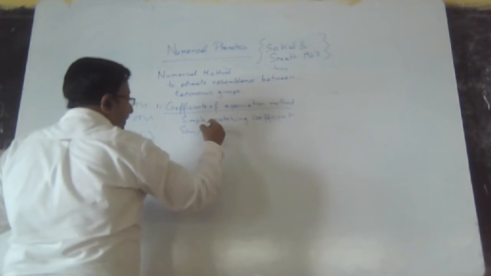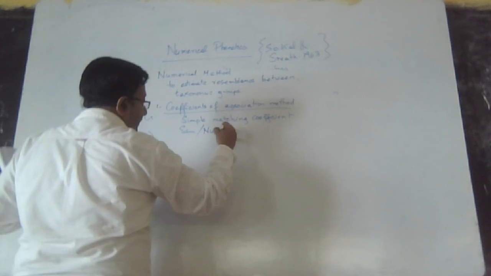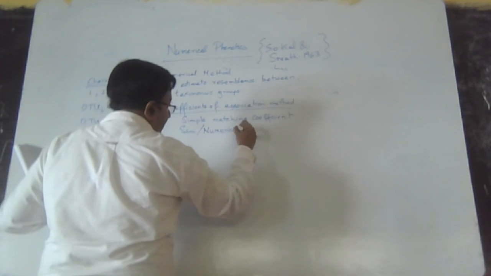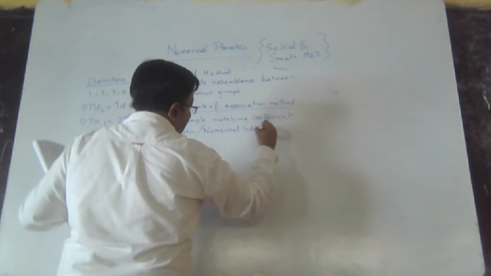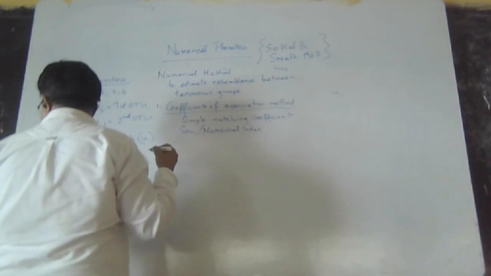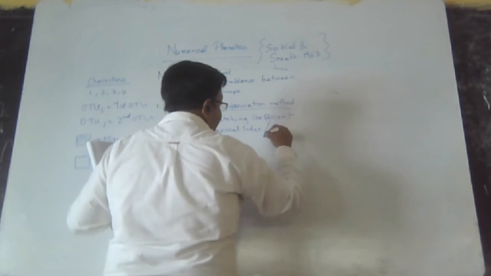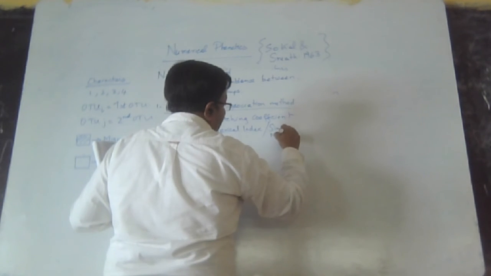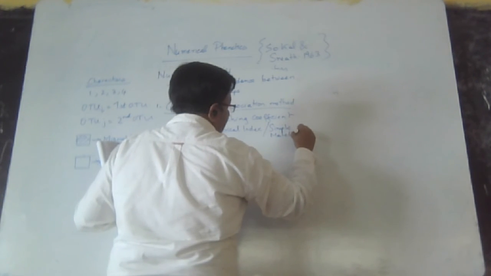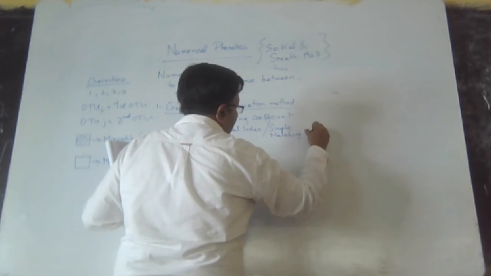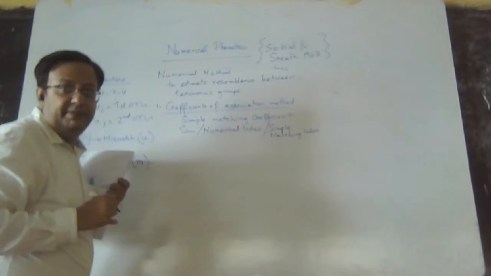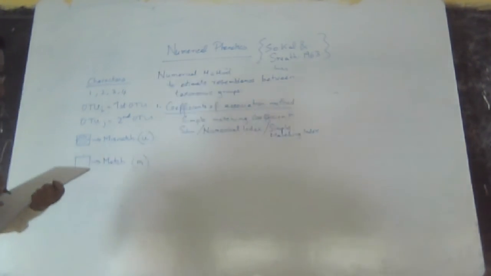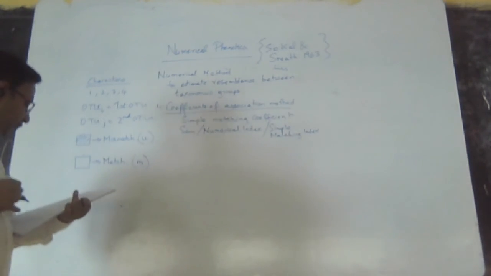Some people call it a numerical index, some call it a simple matching index, and some call it just a coefficient.